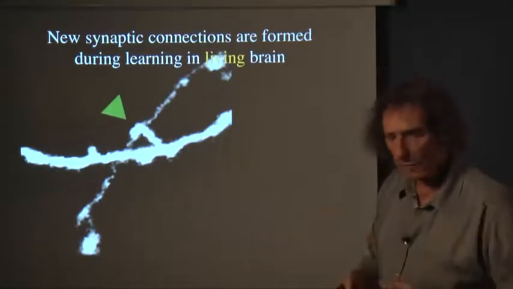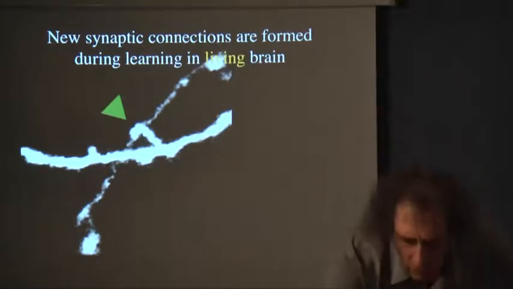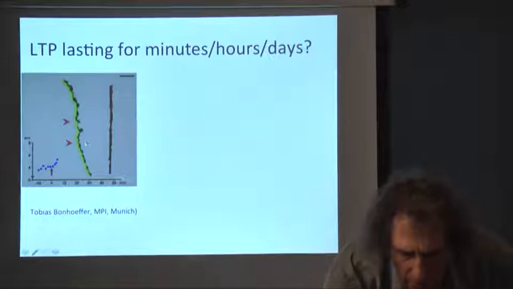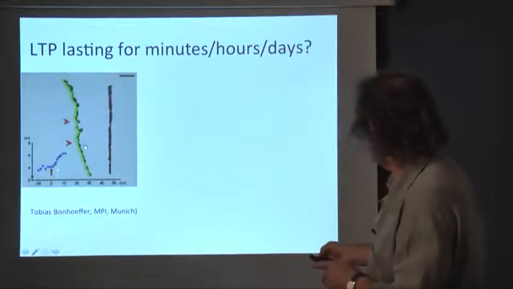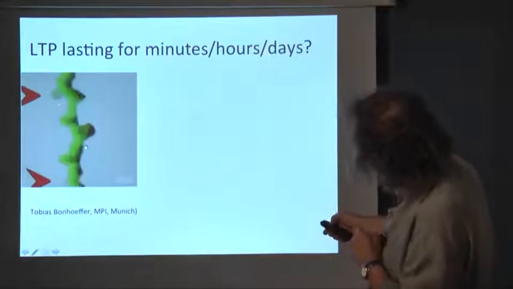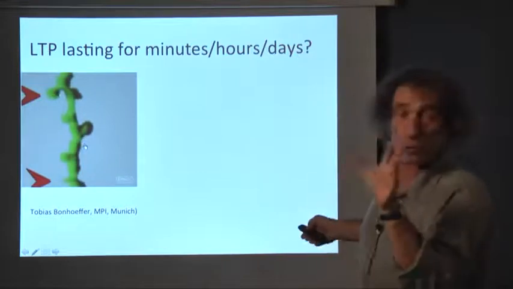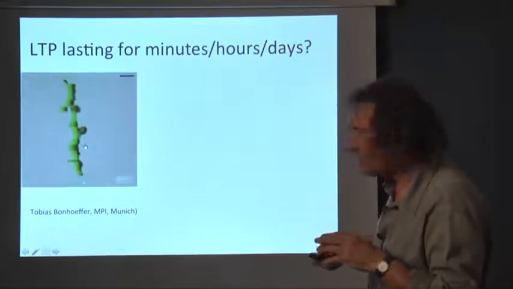Let me show you another movie, in which, following stimulation of the system, you can see really a spine growing during stimulation. So here is the stimulation of the presynaptic cell. Zoom in, and suddenly you see a new spine is growing here. A whole new spine is growing in this piece of dendrite.